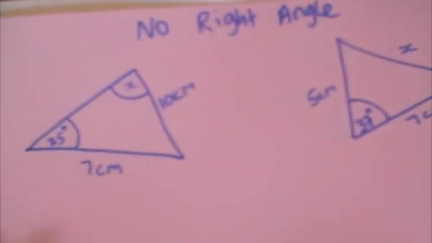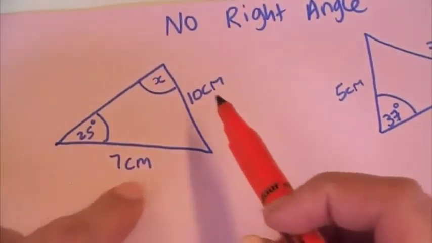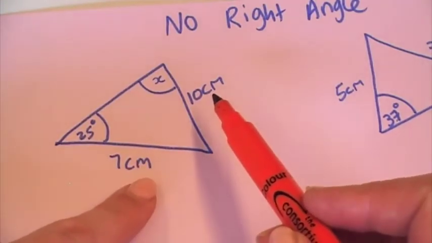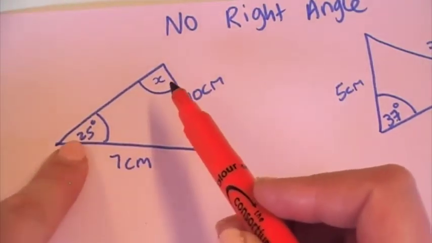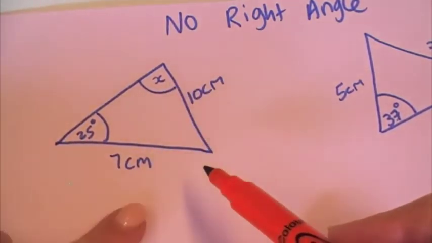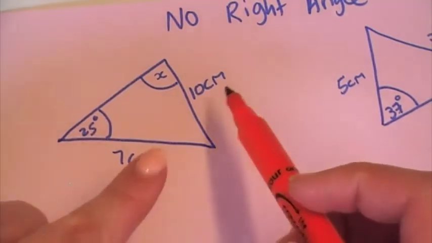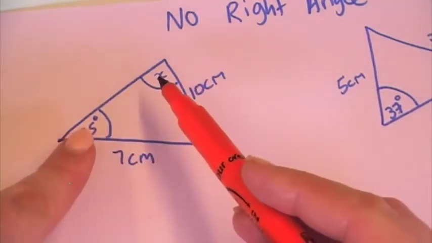What do we have here? On the first triangle, I've got no right angles, but I've got 2 sides in use, and I've got 2 angles in use. Now, it doesn't matter whether I'm trying to find a side or an angle. Just like Pythag and trig, all I need to know is what am I using? 2 sides, 2 angles.